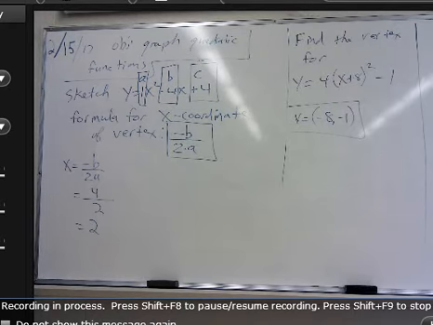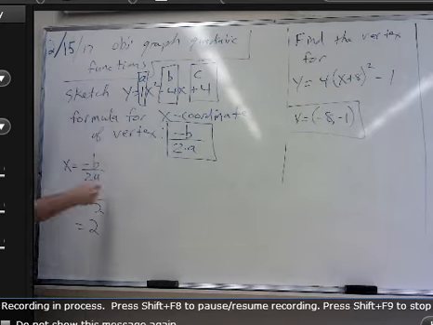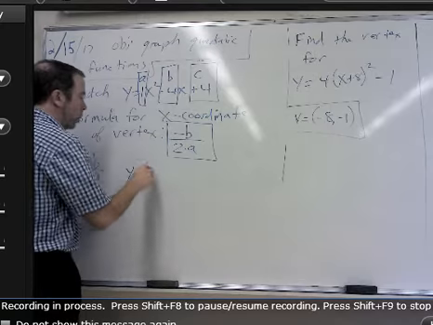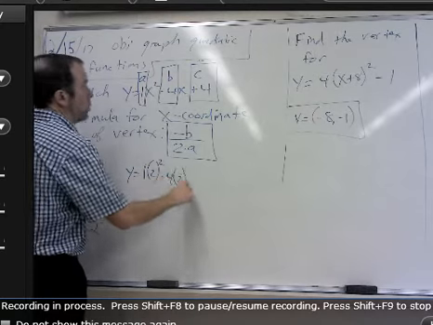How are we going to go about finding the y-coordinate of the vertex? Is there anything up here on the board that says y is this thing? You would plug 2 in for the x's. Yeah, just plug 2 in for the x's, and that'll tell you what the y is. Good. So we're going to do that. So y equals 1 times 2 squared minus 4 times 2 plus 4.